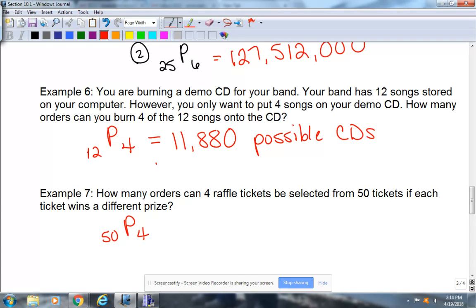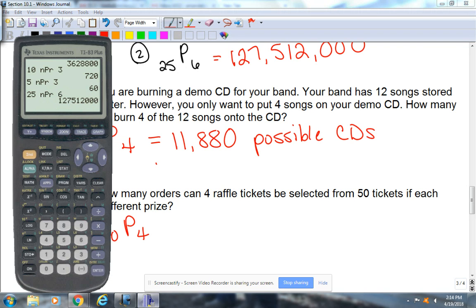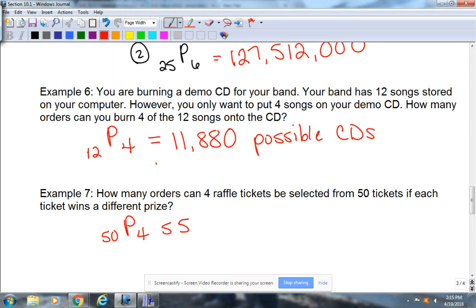Your left number is always your total. 50P4. Is everybody getting these plugged in right? 5,527,000. Say it again. 5,527,000.